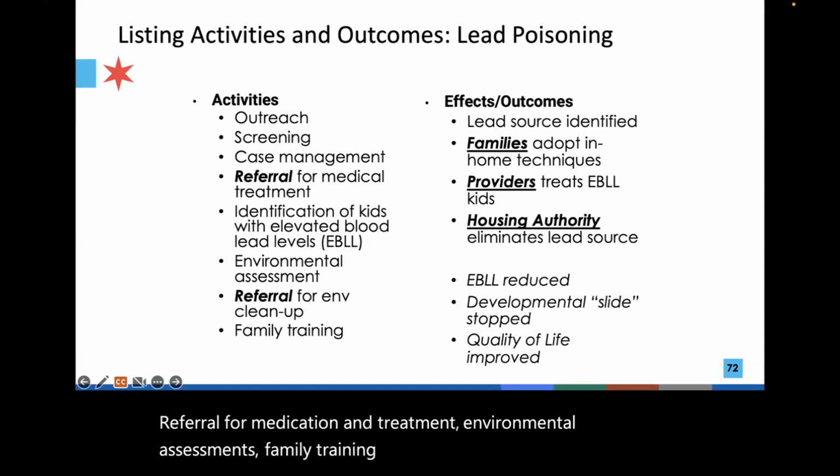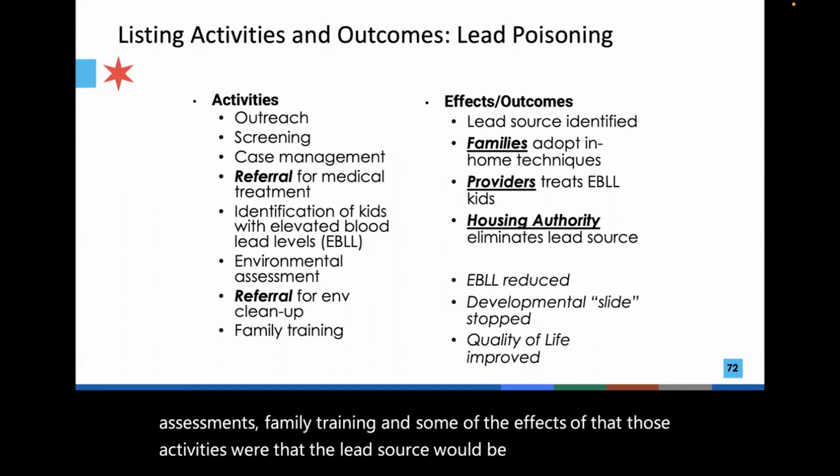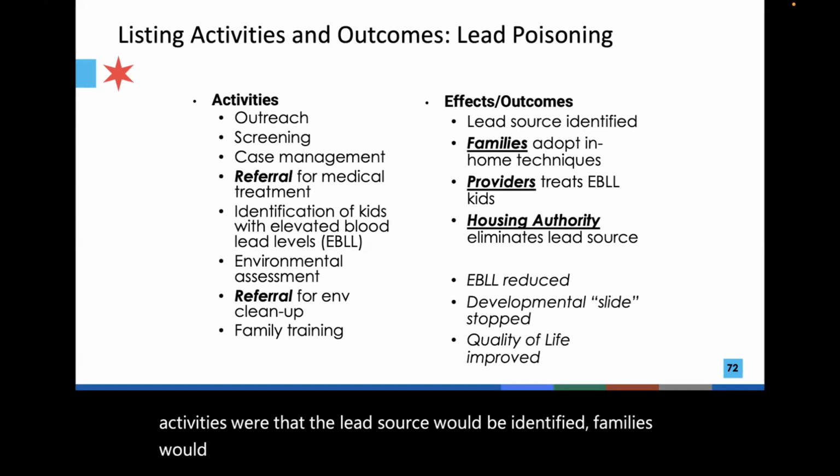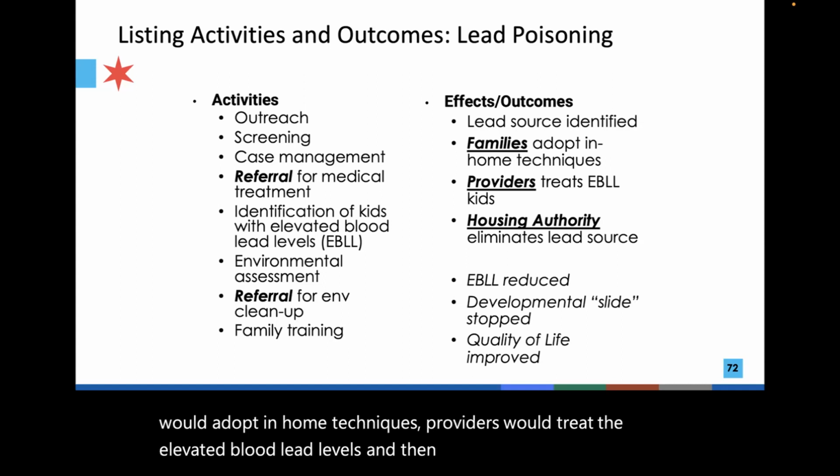Some of the effects of those activities were that the lead source would be identified, families would adopt in-home techniques, providers would treat the elevated lead levels, and the housing authority would eliminate the lead source.